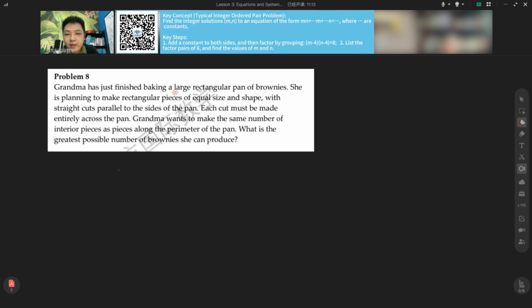Grandma just finished baking a large rectangular pan of brownies.